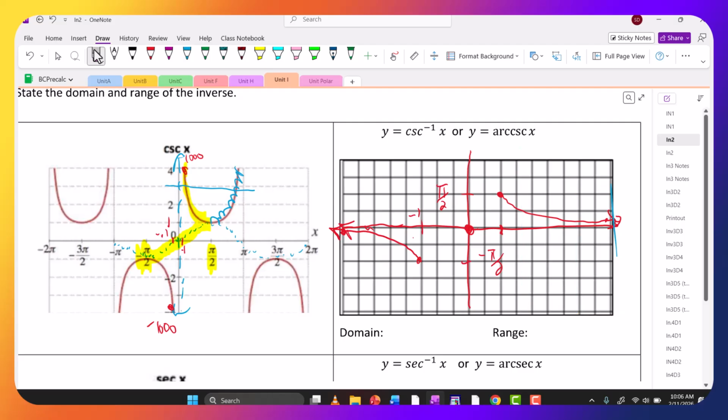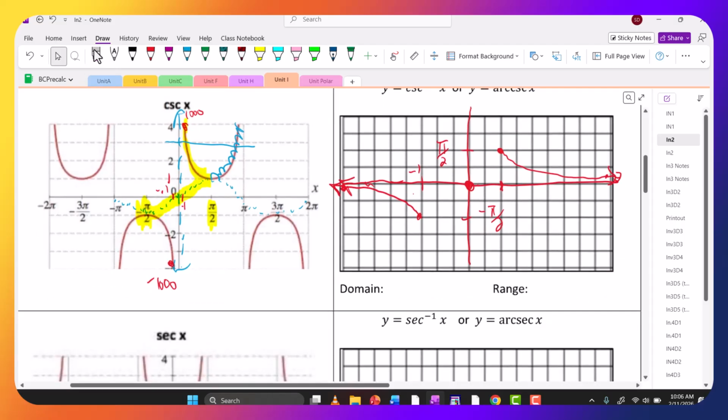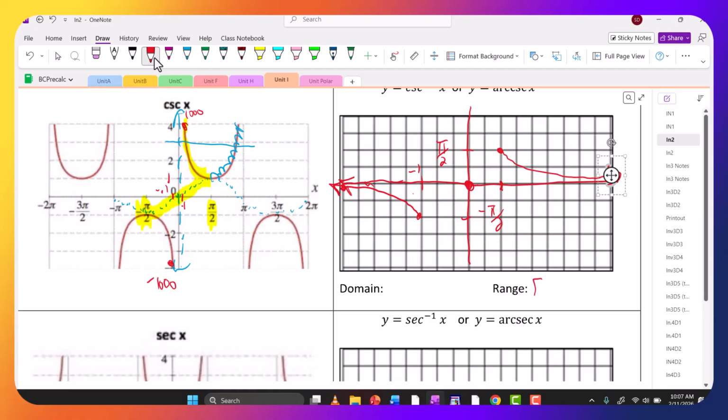Okay, so what that means is the domain of this is everything but the asymptotes. That's the range, but then I have to isolate it. So my range is including negative pi over 2 to pi over 2, but I cannot have 0. So I have to exclude 0 because it is an asymptote.